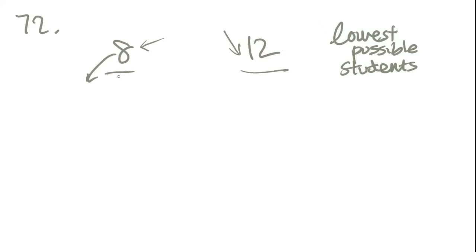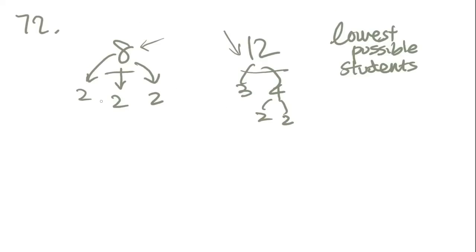If you factor 8, you get 2 and 2 and 2, because 2 times 2 times 2 is 8. Those are its simplest factors. With 12, you get 3 times 4, and 4 is 2 times 2. So you get 3, 2, and 2.